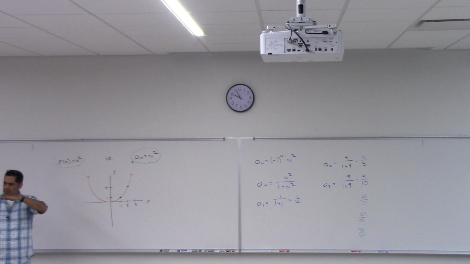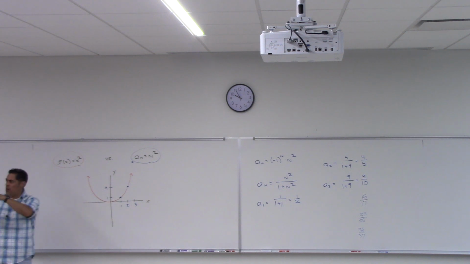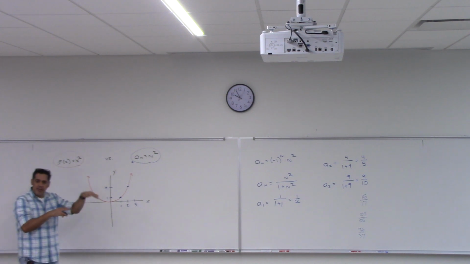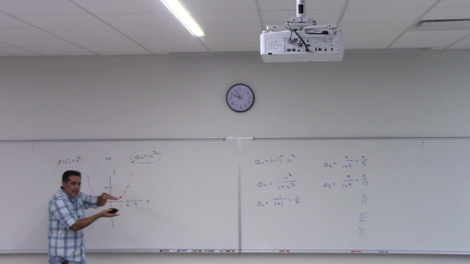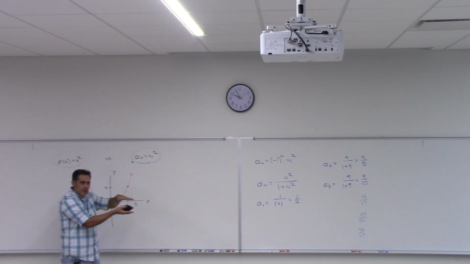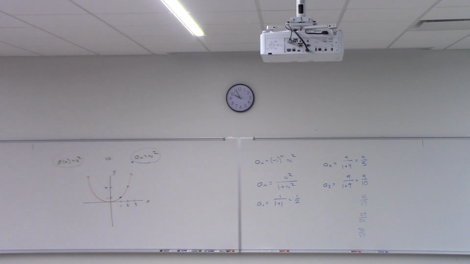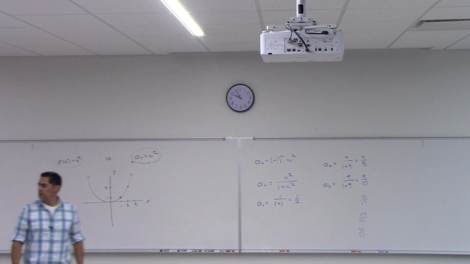But the oscillations get smaller and smaller. So our limit here is 0. Even though we go above and below 0, keep going above and below, we're funneling in towards 0. Meaning that the absolute value, the distance from our number to 0, keeps getting smaller as I go down. So this would be a convergent sequence.